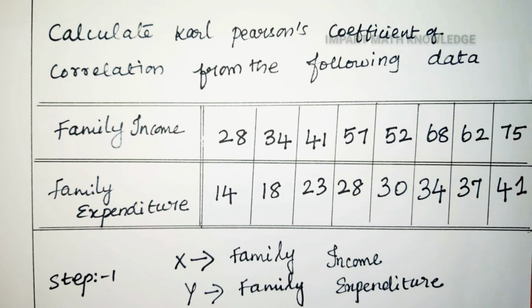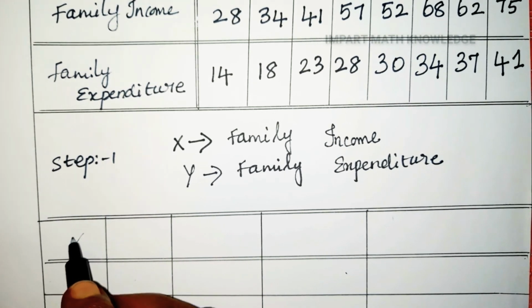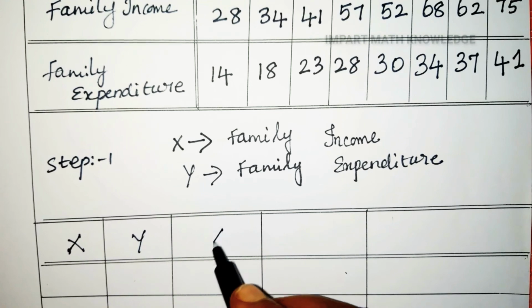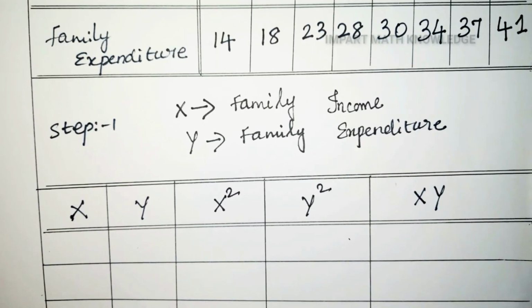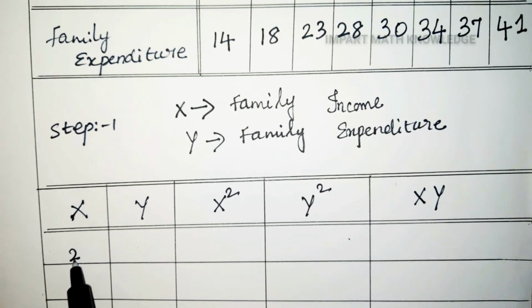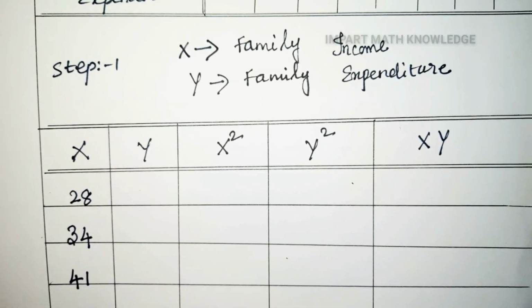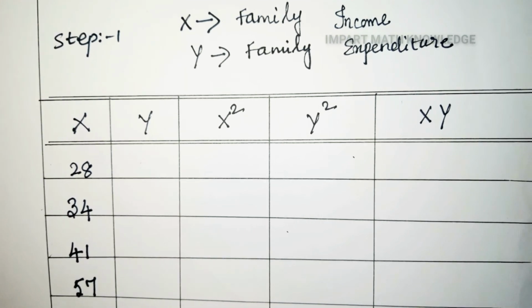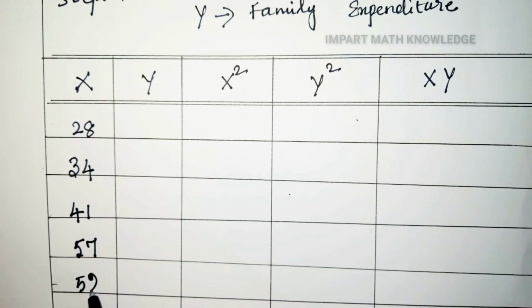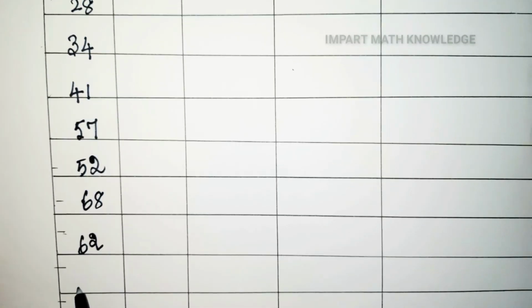Here x represents family income, y represents family expenditure. Let me frame the table. x, y, x square, y square, xy. x values are 28, 34, 41, 57, 52, 68, 62, 75.